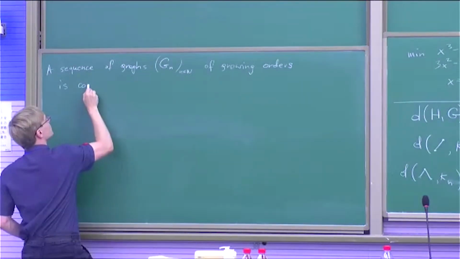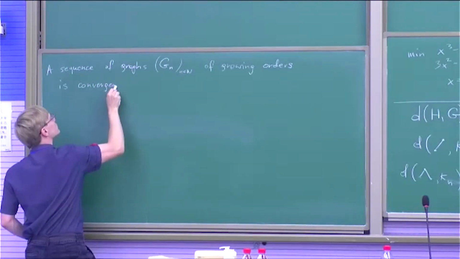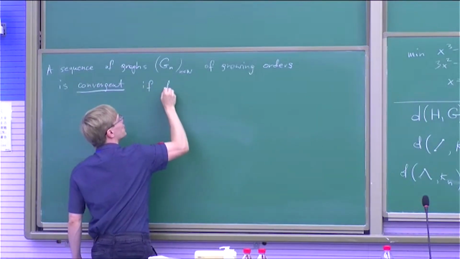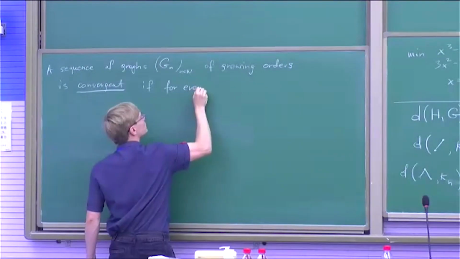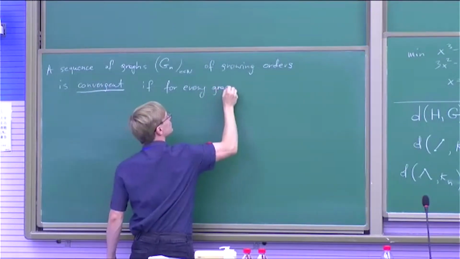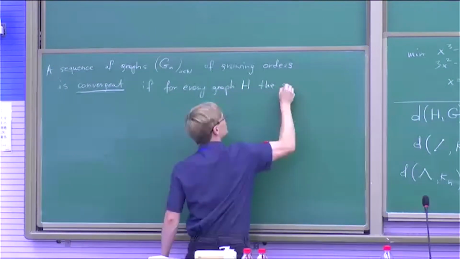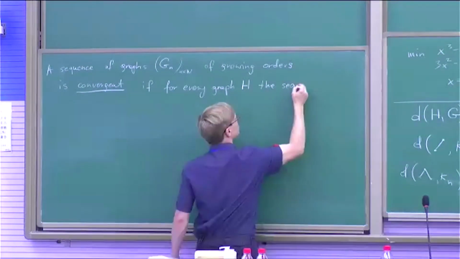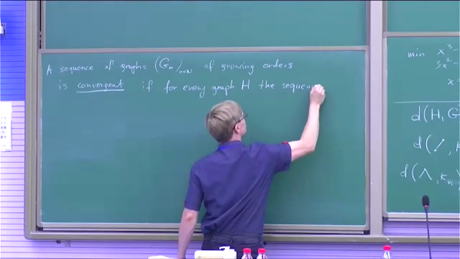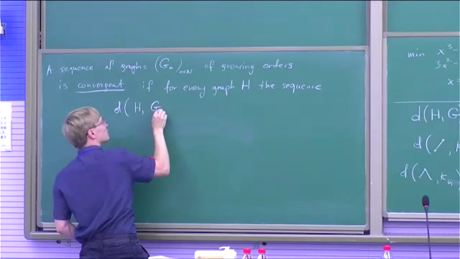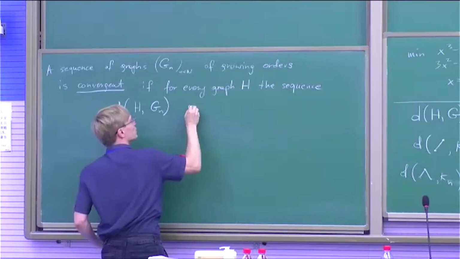It's convergent if for every graph H the sequence of densities in my sequence converges.